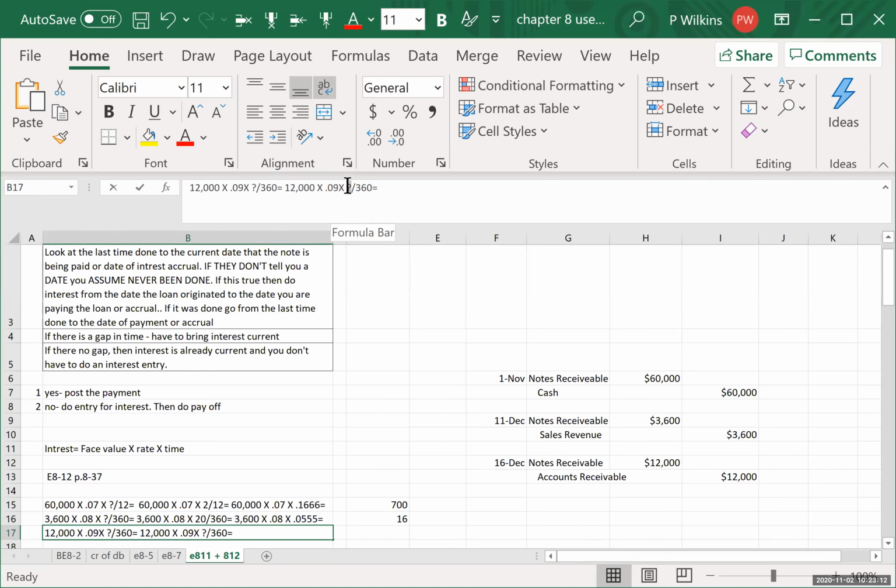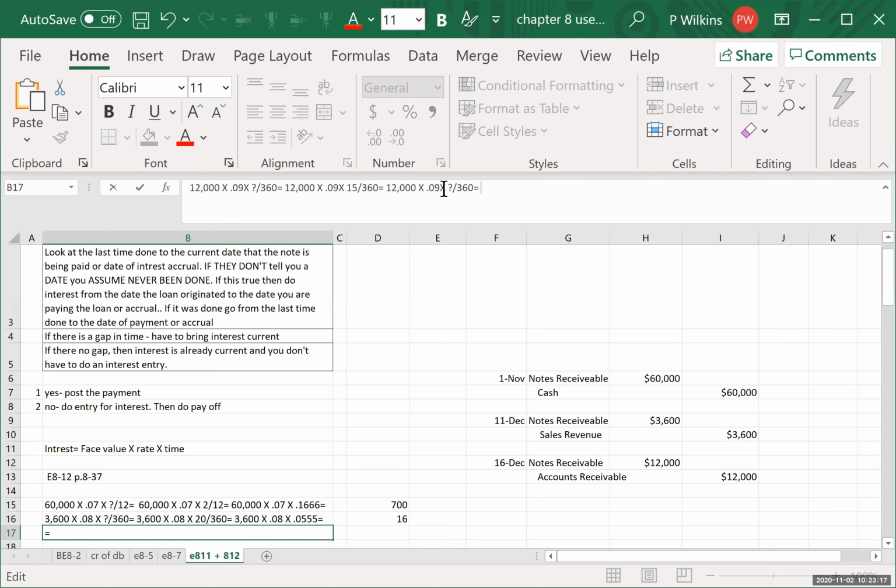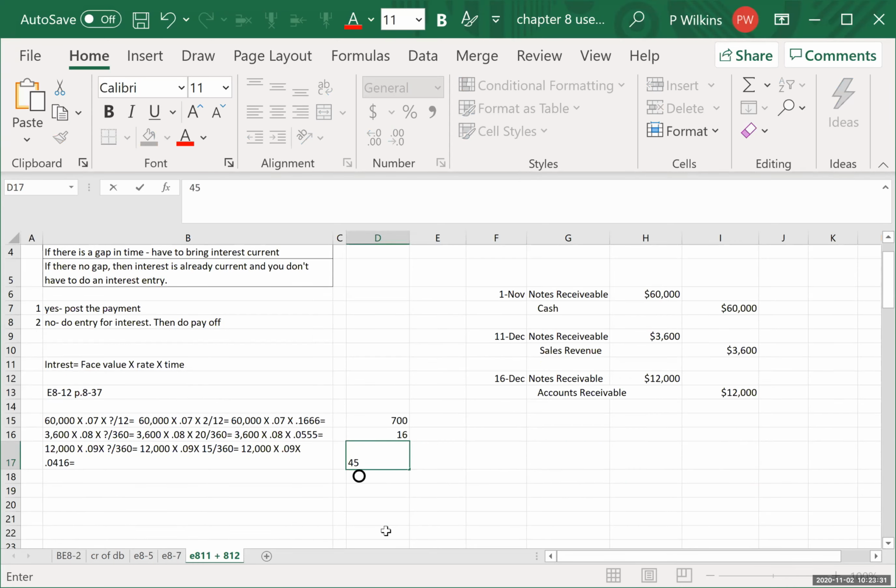So it becomes 15 over 360, and if we turn that into a decimal, it becomes 0.0416. So 12,000 times 0.09 times 0.0416 becomes $45.